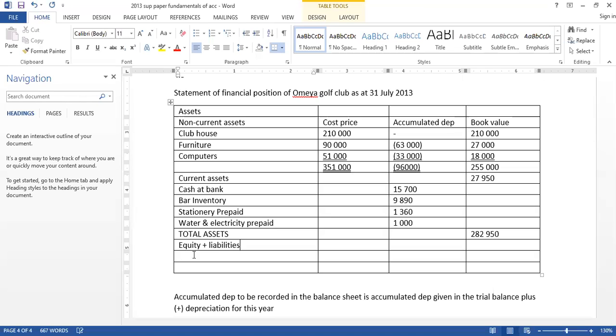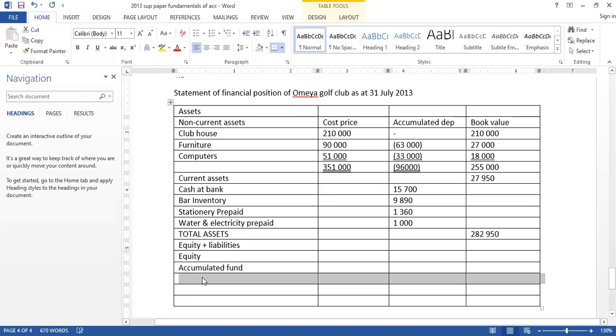So under equity, we only have the accumulated fund and then the surplus. You add the surplus.